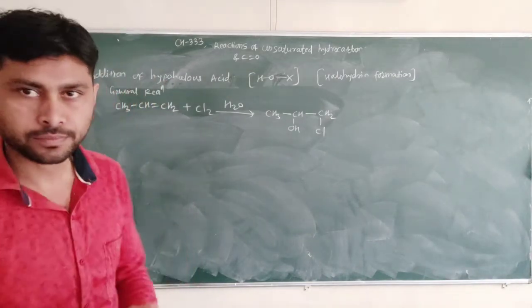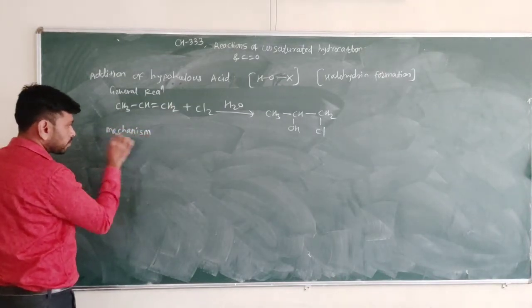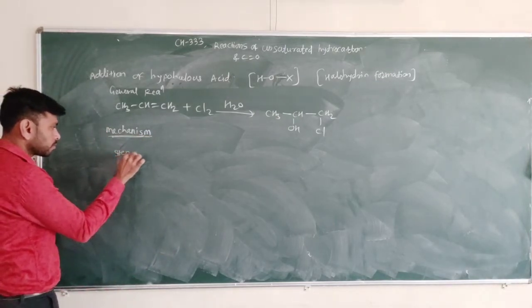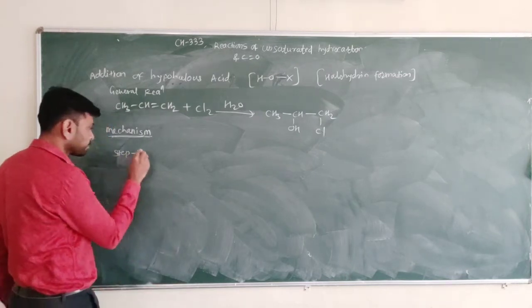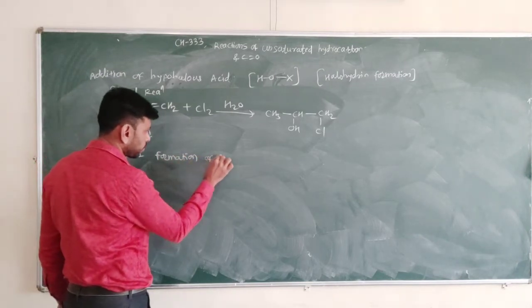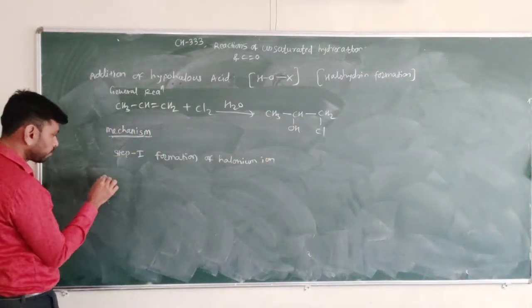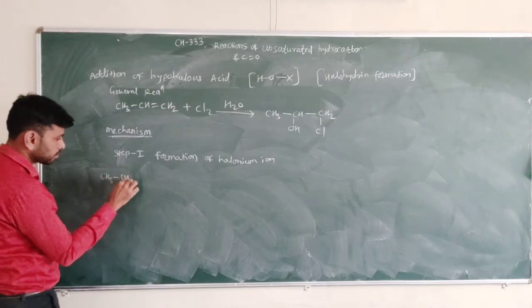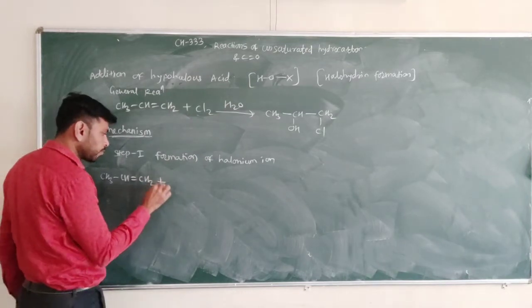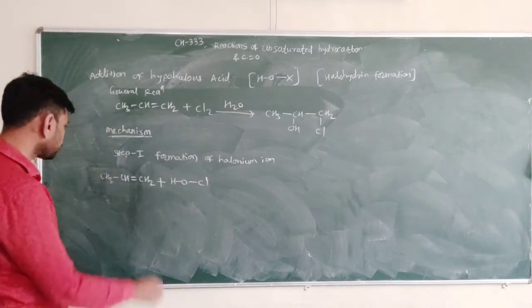Now the mechanism of this reaction involves two steps. Step first is the formation of the halonium ion. Take here the example CH3CH double bond CH2. After adding Cl2 to H2O, we get hypohalous acid, that is HOCl.